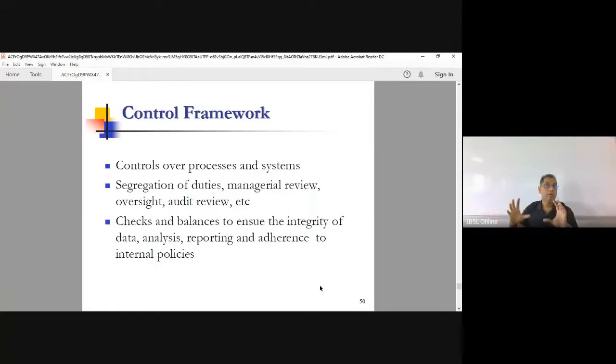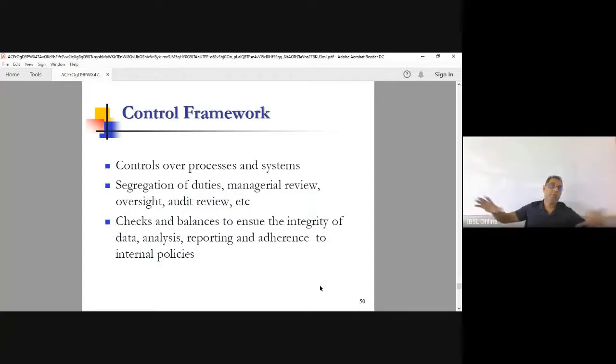The control framework usually has three lines of defense. One is the front office, which goes out to the market and does all these transactions. Then the second level of defense basically looks at all these transactions done. Have they been okay? Fine, looks good. And the third level of the control framework would be the audit, which looks at both of those areas. They say, okay, the front office has done this, the corporate banking and retail banking teams have done this, the control guys and back office have checked all this, that's fine.